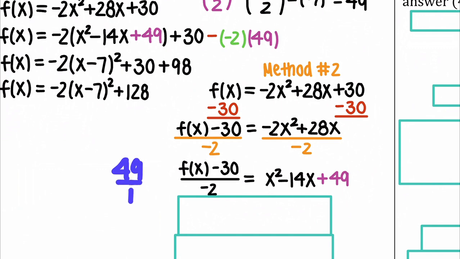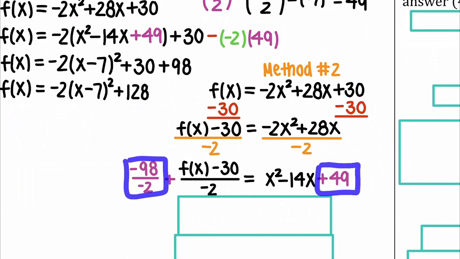So we're going to have to convert 49 over 1 into a fraction that's equivalent with a denominator of negative 2. So then that therefore will give us negative 98 over negative 2, because negative 98 divided by negative 2 is positive 49.